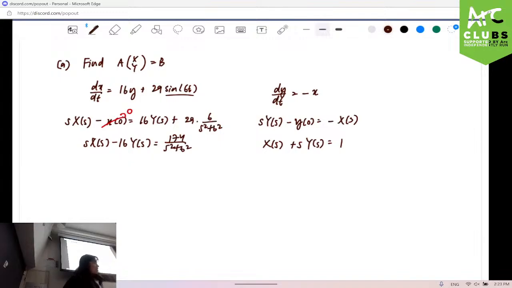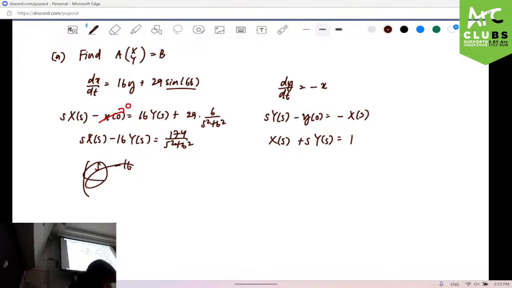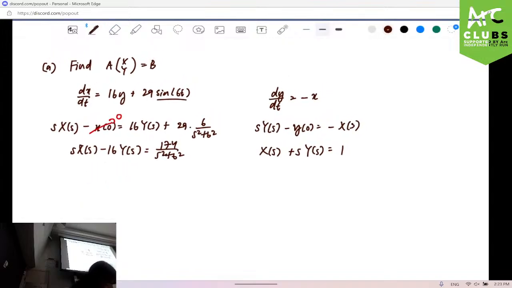Doesn't this look like a system of equations? If this was a system of equations, wouldn't this just be s minus 16, and then we have 1 and we have s?